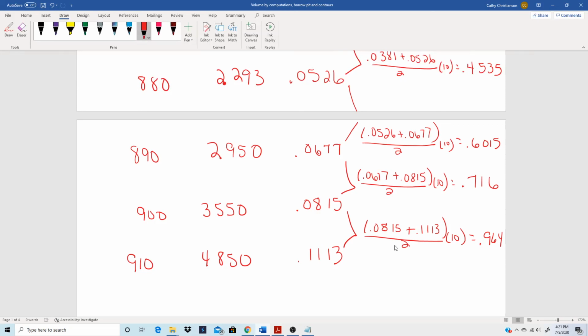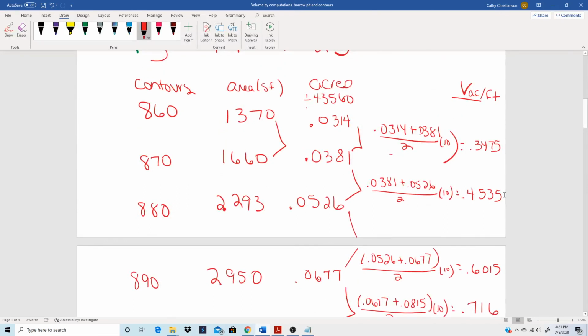I kept mine to 3. So now if I total these up, 0.964 plus 0.176 plus 0.6015. Let me punch my numbers again.